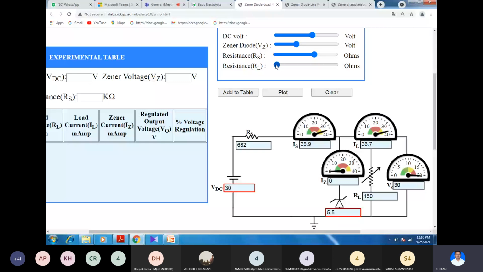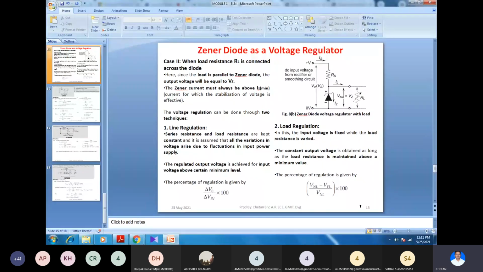See, I have kept this VZ at 10. So the reverse breakdown voltage for this diode is 10, right? And the load is a very small value. I have kept the minimum value. The minimum value is 150 ohm, which is available here. So here you have observed one point.